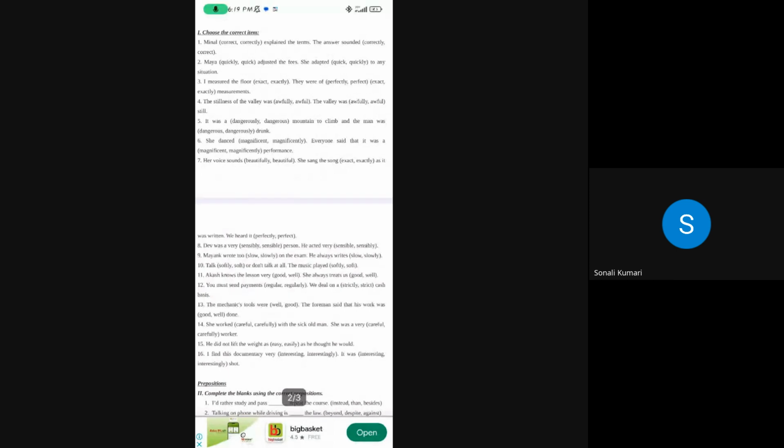So the first one, Meenal correctly explained the terms. Which one do you think is right? Do you say Meenal correctly or correct explained the terms? Correctly, right? And what would be the reason? Why correctly and not correct?